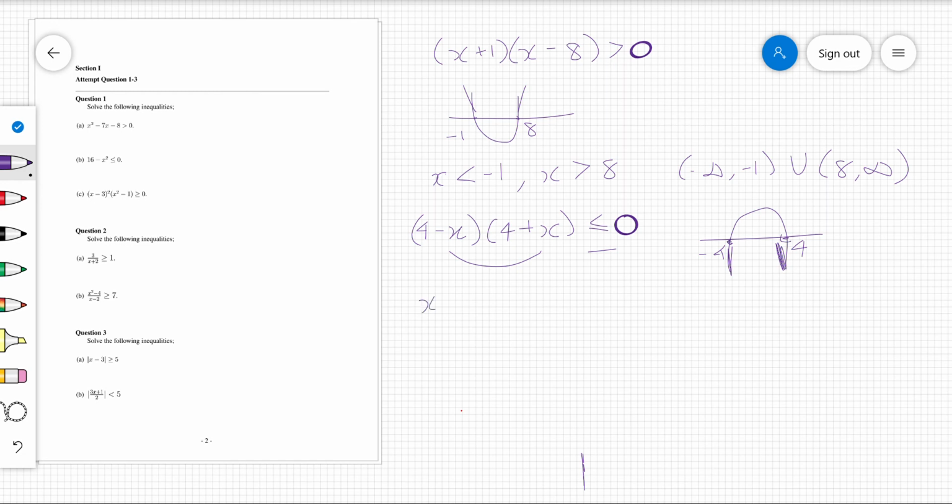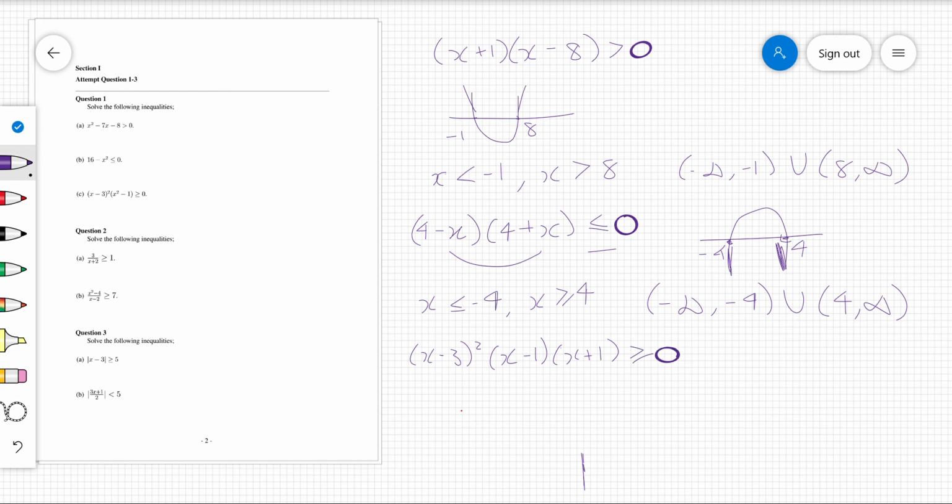So again, we've got our x is less than or equal to -4, x is greater or equal to 4, and another way of saying that one, minus infinity to -4, union with 4 infinity. All right, and our third one there, we have an x minus 3 squared, and then we have a difference of 2 squares.